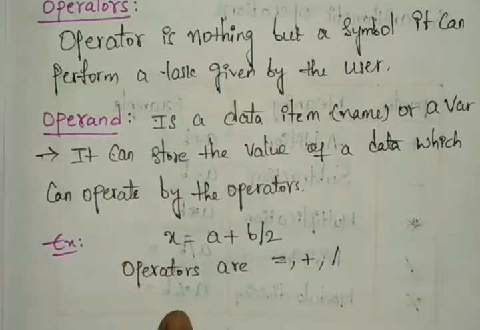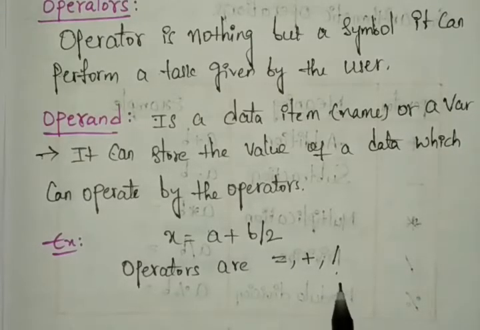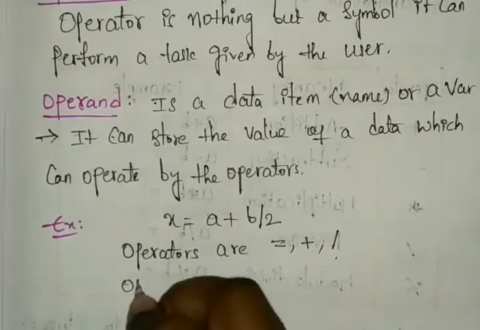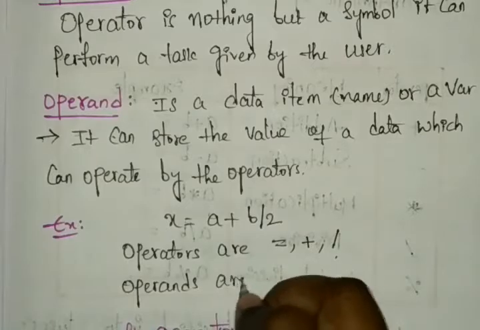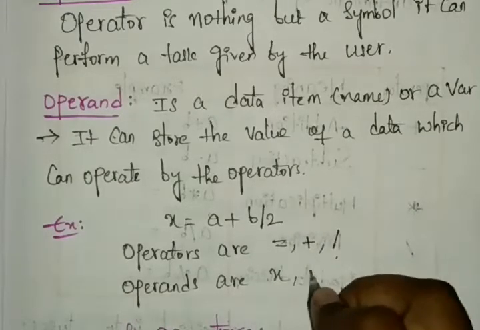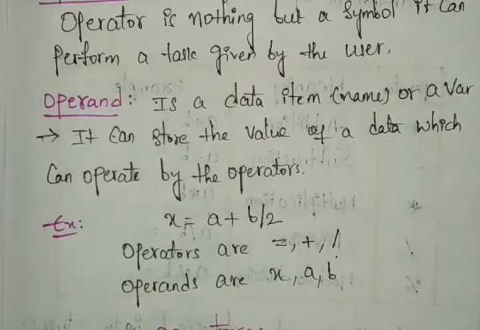Here we have the operators: equal to, plus, and division. And here we have the operands: x, a, and b. So with the operands we are performing the operators. Like this we can apply operators on operands.